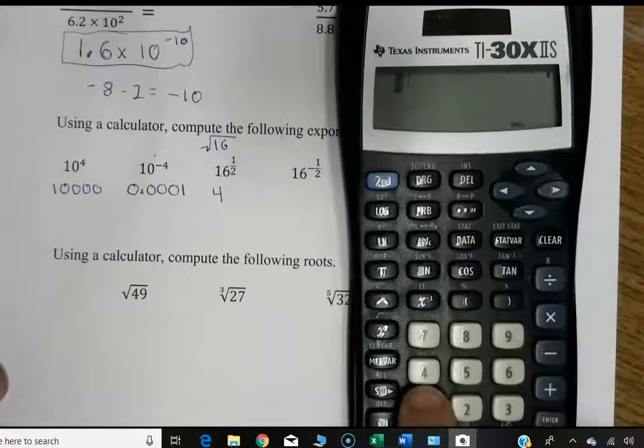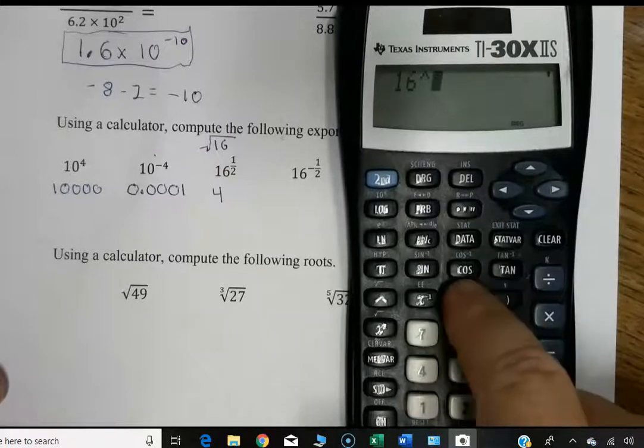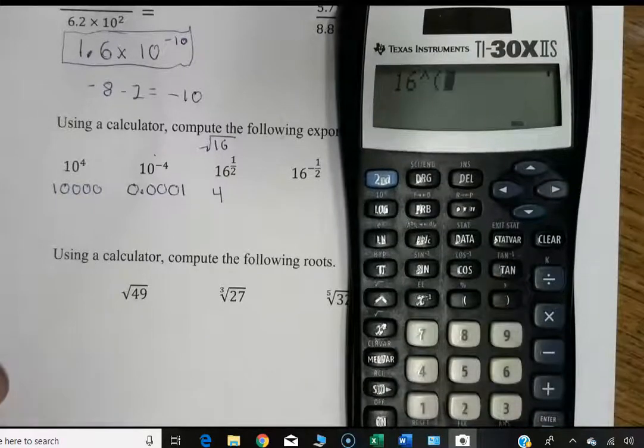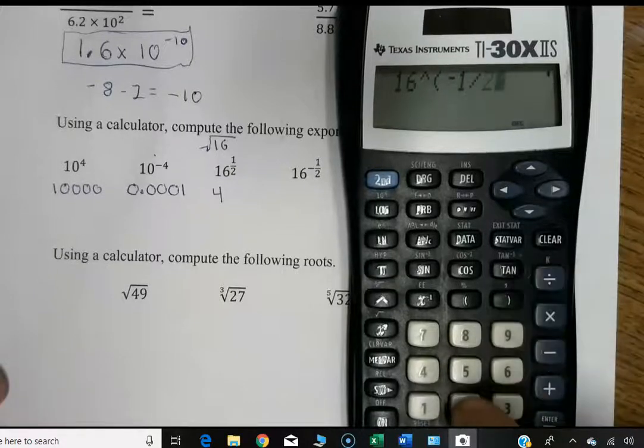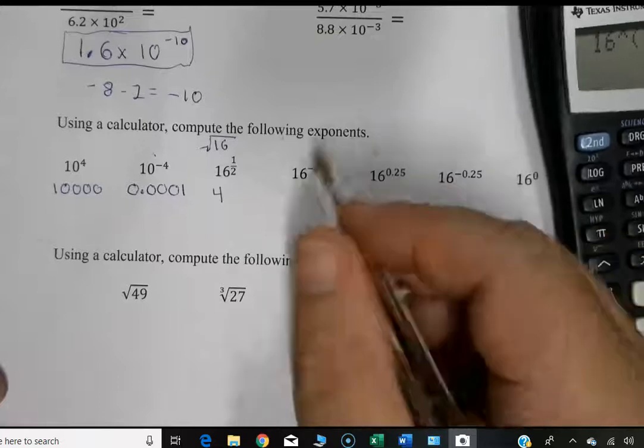Okay, so here we go. We got 16, caret, parenthesis, negative 1 divided by 2, end parenthesis, and you get 0.25 or 1/4.